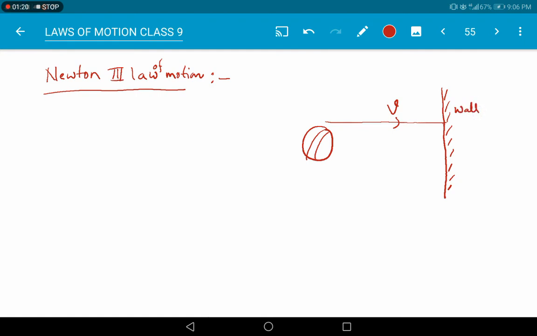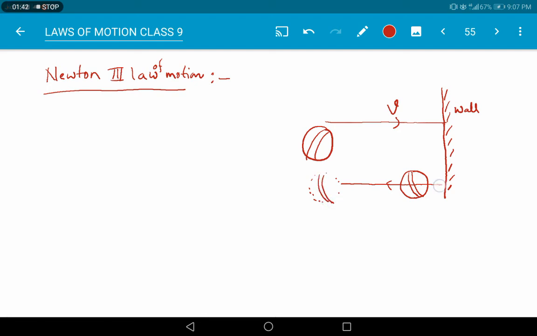Immediately after striking, the ball retraces its path. That means it travels in the opposite direction to its initial direction of motion.